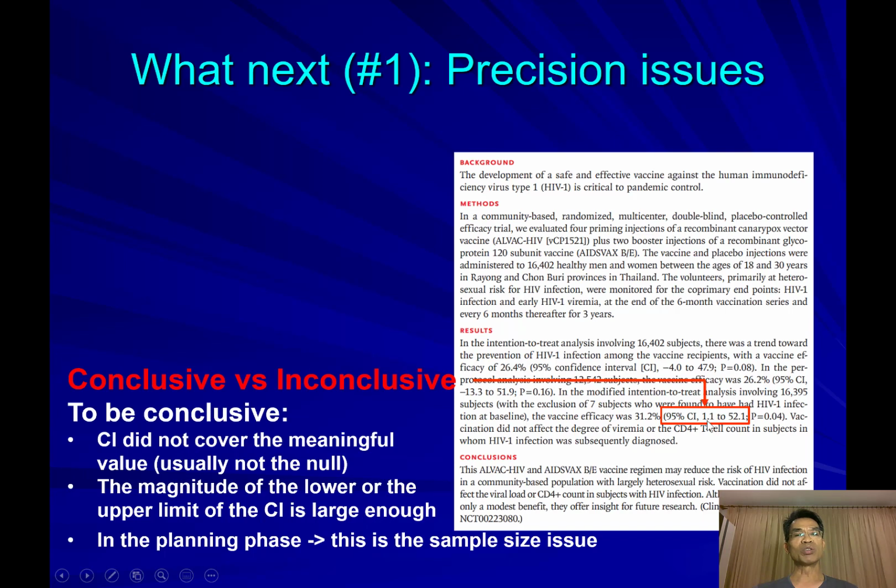When we talk about precision regarding the answer to the research question, we talk about a conclusive or inconclusive finding. To be conclusive, the confidence interval need not cover the meaningful value. Usually it's not the null value. Null here means zero, meaning no efficacy.